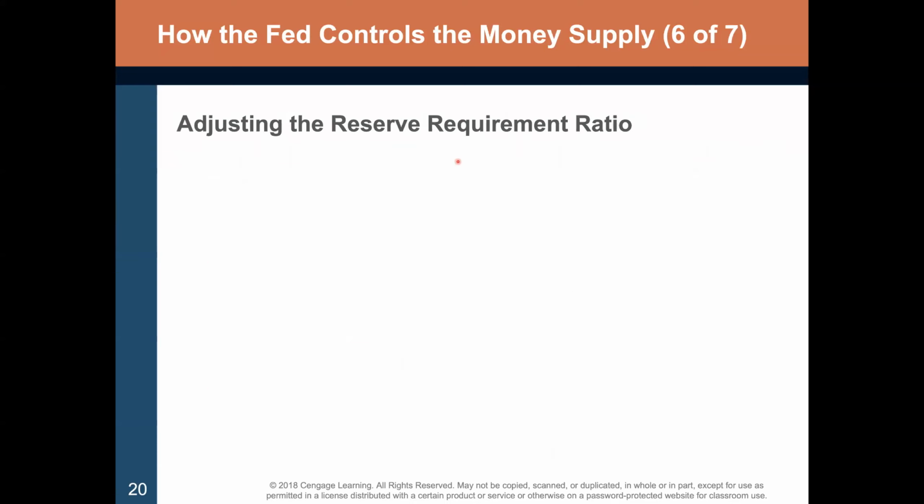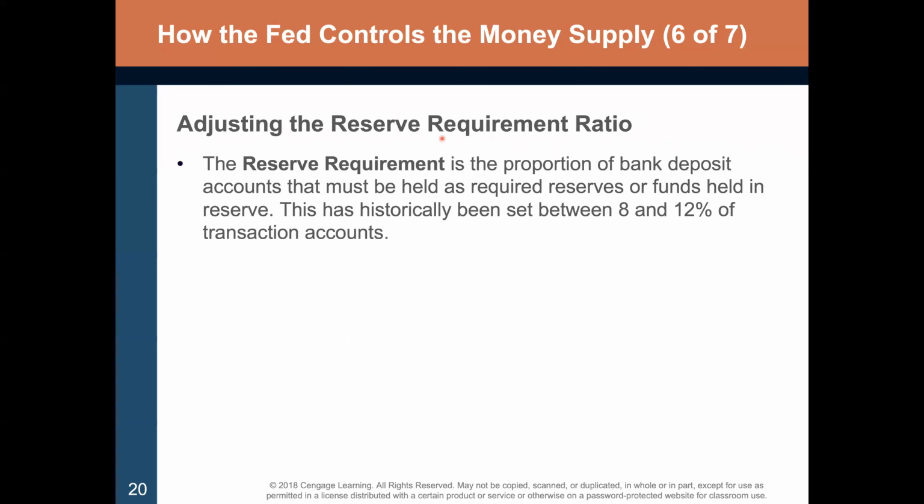Another thing that the Fed can do is adjust the reserve requirement ratio. So what is the reserve requirement? The reserve requirement is the proportion of bank deposit accounts that must be held as required reserves or funds held in reserve. This has historically been set between 8 and 12% of transaction accounts.